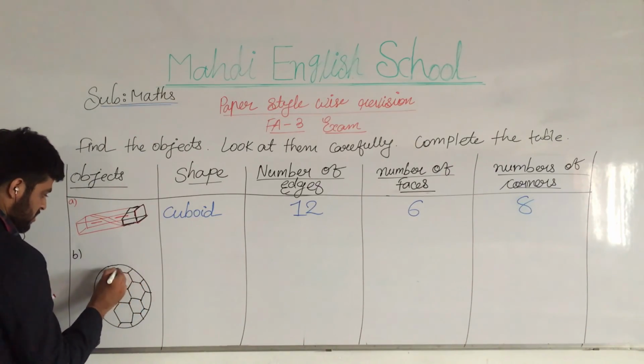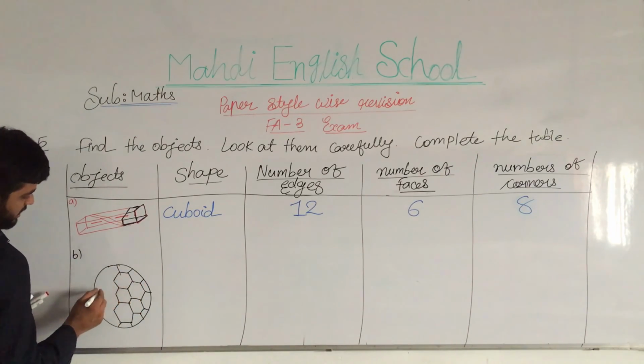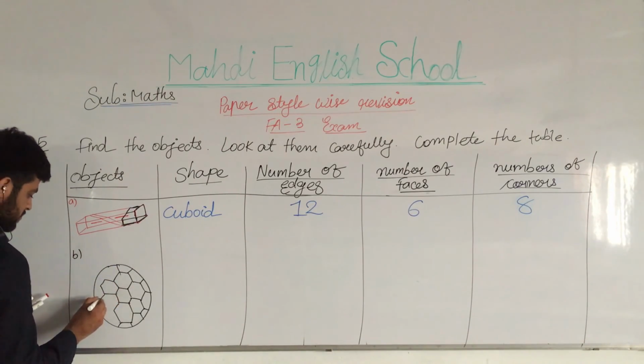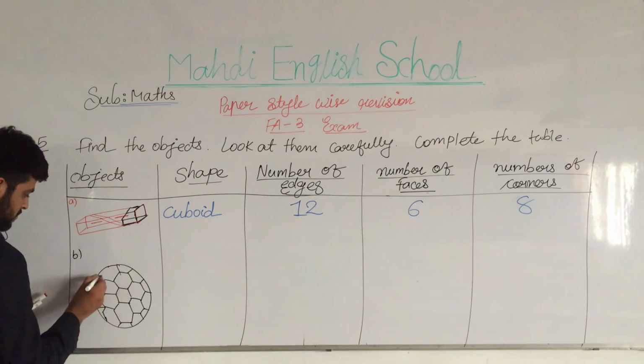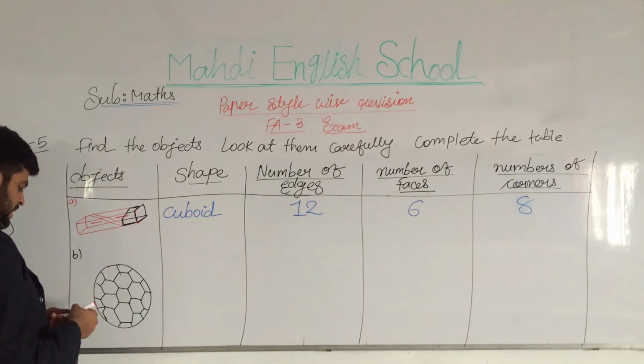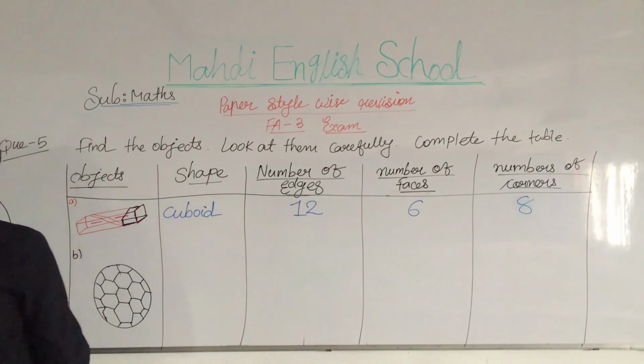We are going to draw like that. The second shape is the ball shape, which means spherical.